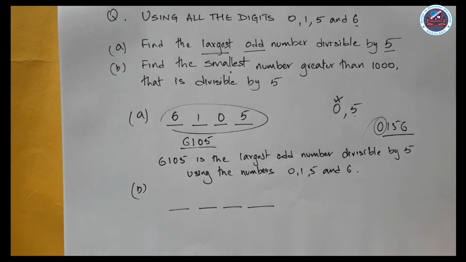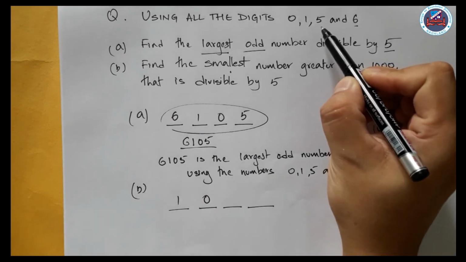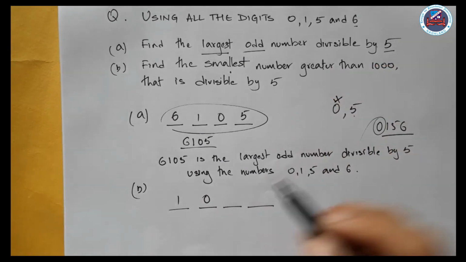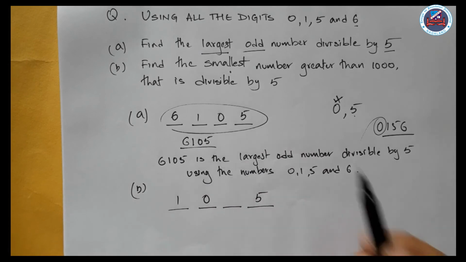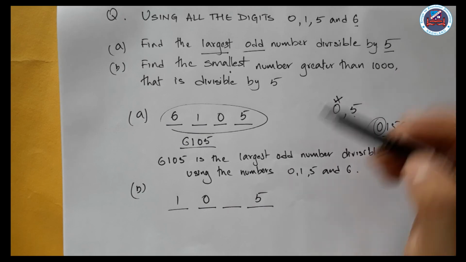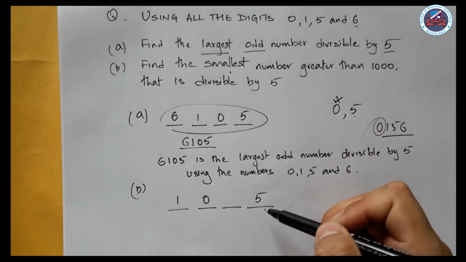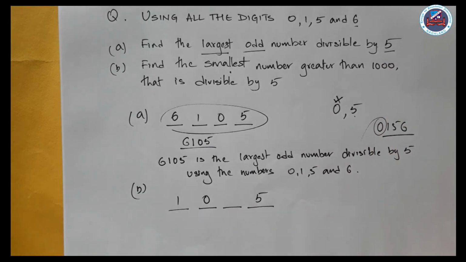Now this is 156, so 0 does not have any value here. So the second smallest number is 1. So after that I will write 0. Now after that the smallest number is 5. But I cannot write 5 because this has to be in the end, because it has to be divisible by 5. And I cannot use 6 in the end, because if I write 6 in the end, the number will not be divisible by 5.